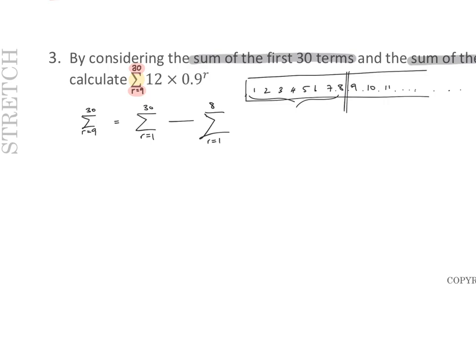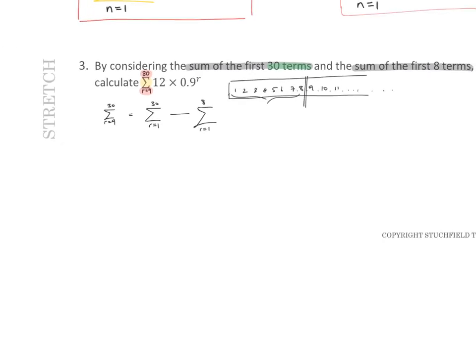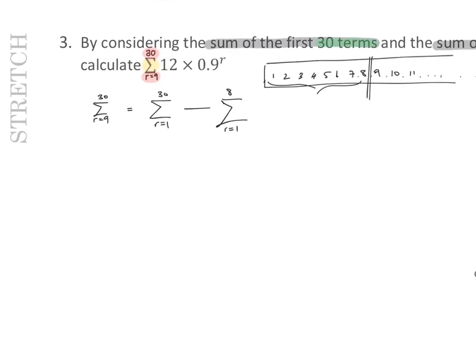And that's why the question gives us the clue, considering the sum of the first 30 terms and the sum of the first 8 terms. That's a rule that we need to remember, and it's really important that we understand why we're only going to 8 on this one and not 9, and that is because my sequence itself starts from 9 and goes upwards.